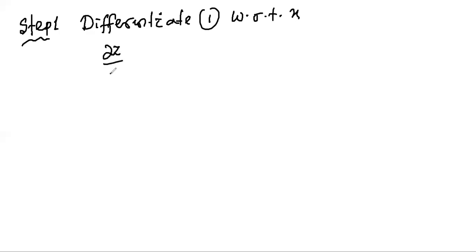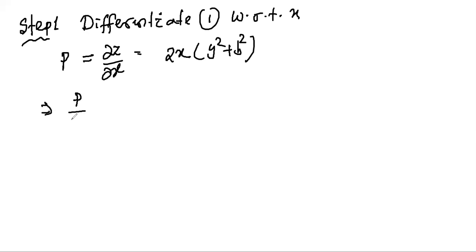Del z by del x is equal to 2x into y square plus b square. Del z by del x is already represented by p of partial form. So p by 2x is equal to y square plus b square. The similar procedure you have to adopt here.